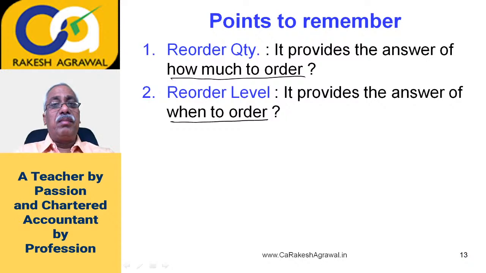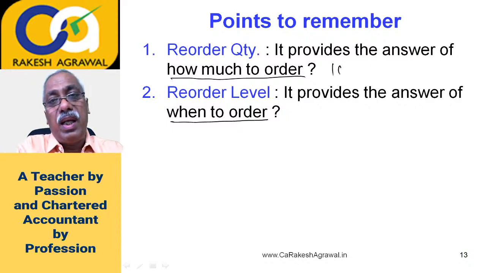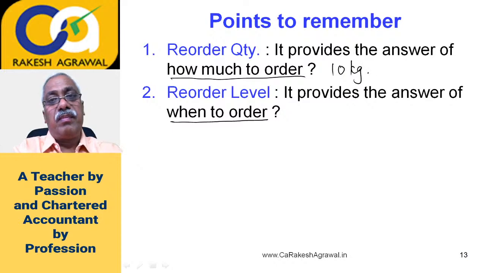For example, I gave the example of kitchens in our house. If you have decided that you will always place an order for 10 kg of sugar to the supplier, this is your reorder quantity. But when will you give the order for 10 kg?